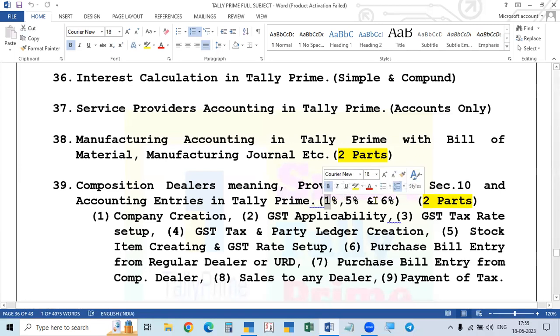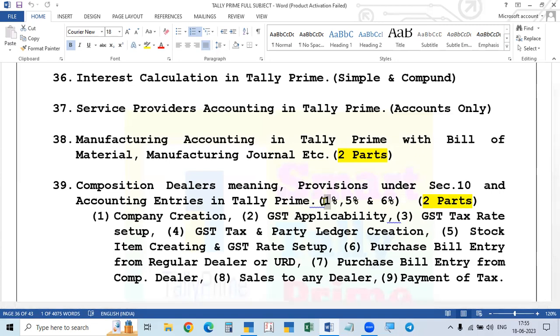And all others, 5% and 6%, that is manufacturers, service providers, restaurants, all these people have to pay the respective percentage on total sales, that is taxable sales and non-taxable sales, nil rated, exempted. Only the trader has to pay this 1% on only taxable goods.